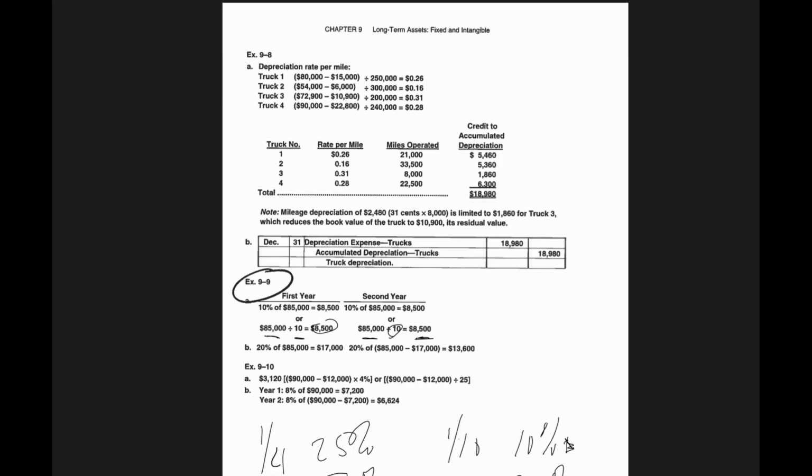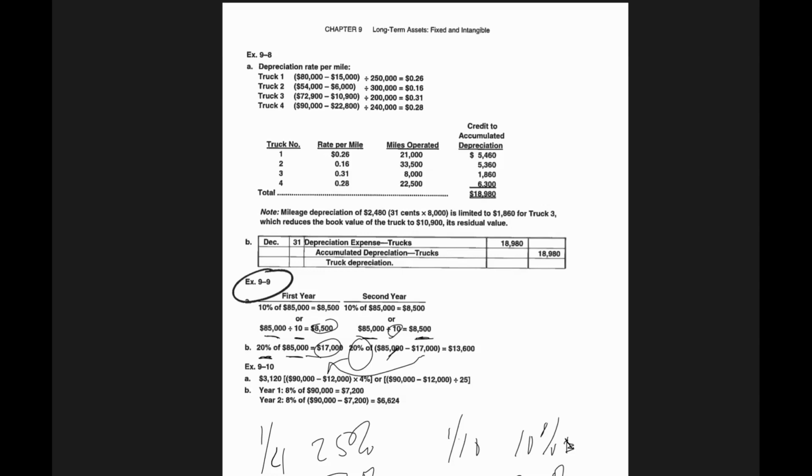So in this case, in year 1, we have 85,000 times 20% or 17 grand. First year is very straightforward. Second year, we take our 85, remove the depreciation we already took, and take it times 20%.